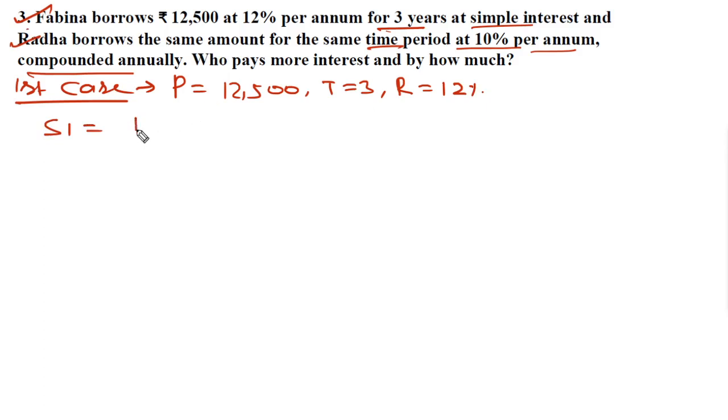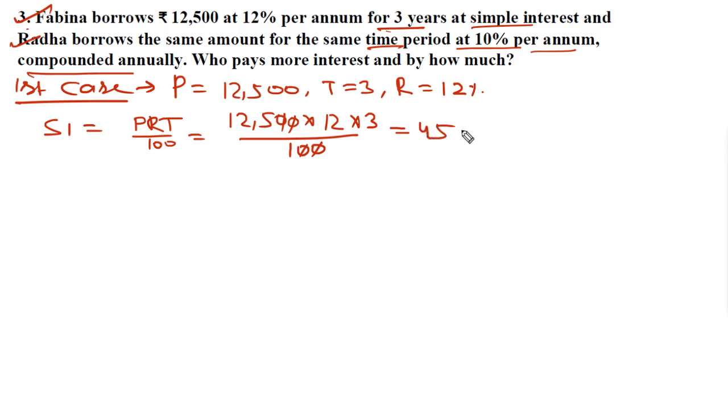So it will be equal to P is your 12,500 into 12, for 3 years, divided by 100. Now 2 zeros will be cancelled. So you can multiply it. After multiplication, it will be equal to 4500. So this is the simple interest for 3 years.